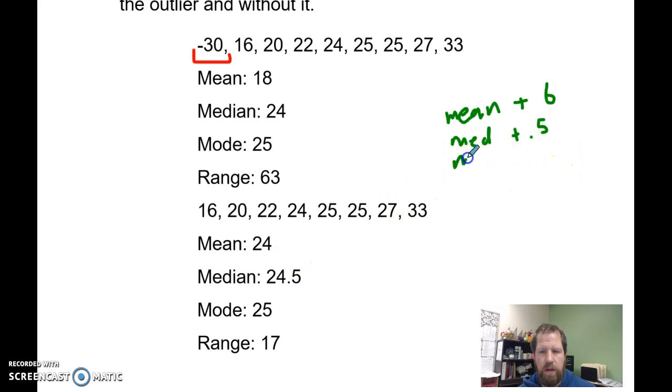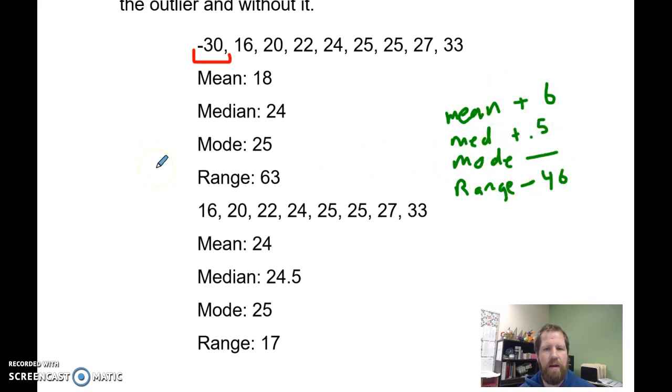My mode stayed the same, my mode was unchanged. And then my range decreased by 46. That's the information that you're going to be looking for when you're comparing.